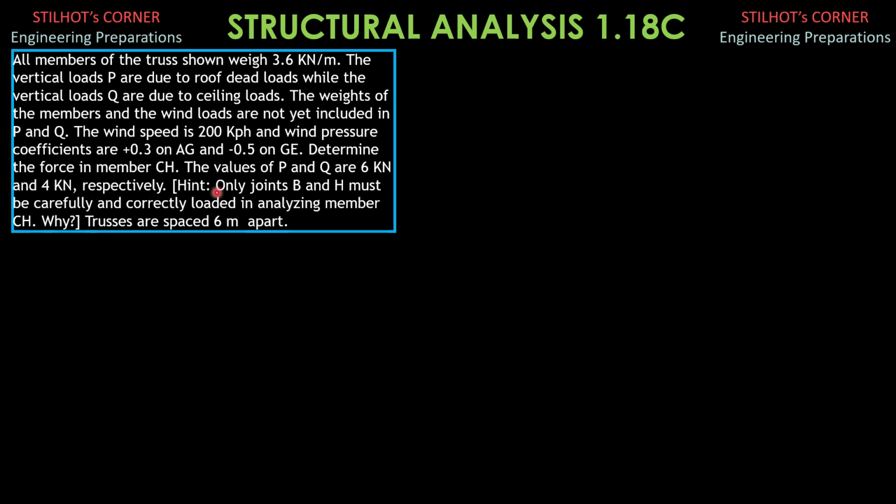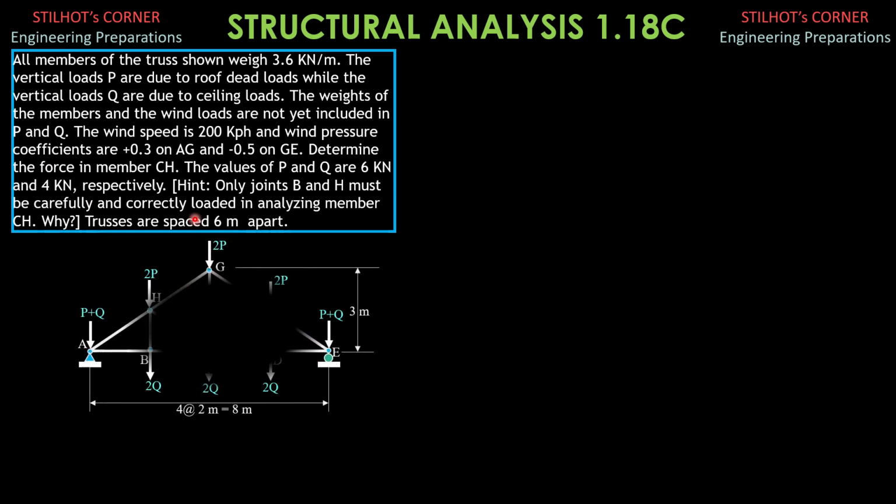So I'll give you the hint. Only joints B and H must be carefully and correctly loaded in analyzing member CH. And why? Trusses are spaced 6 meters apart. So I will answer this: the reason why we only load B and H. We do not load this right half anymore because we are interested only in the member force of CH.